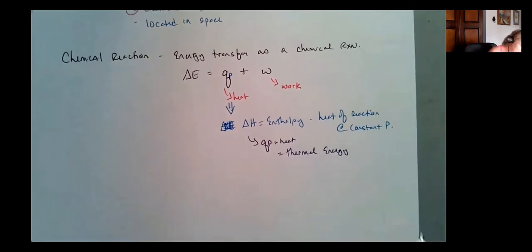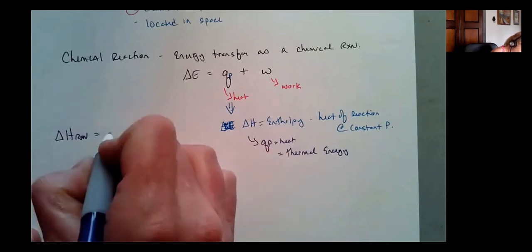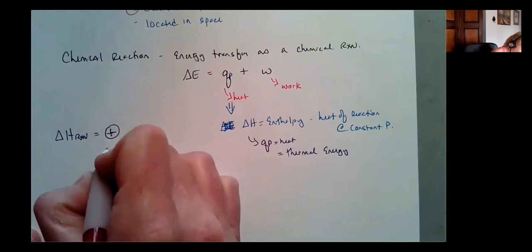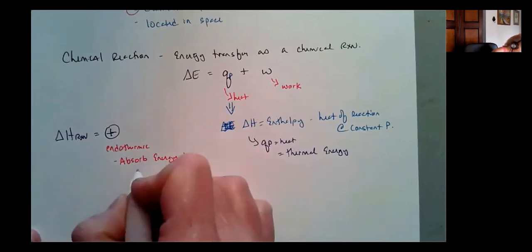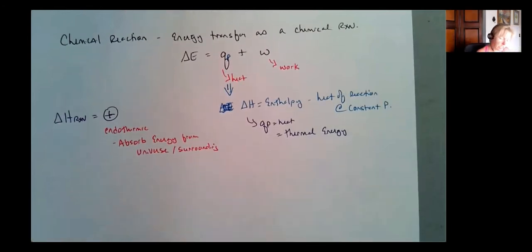And this is all review from that chapter. If delta H of the reaction is positive, then my chemical reaction is endothermic. It absorbed energy from the universe or the surroundings, so its energy increased as a function of that reaction.